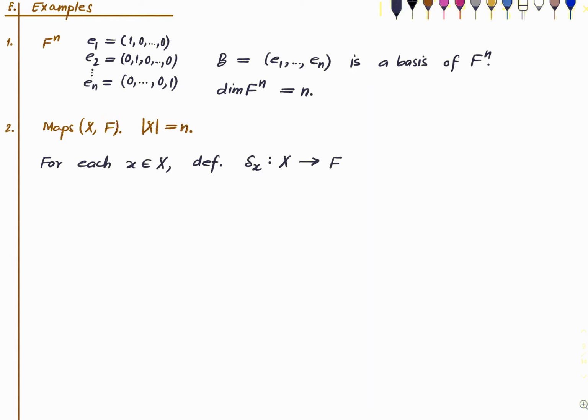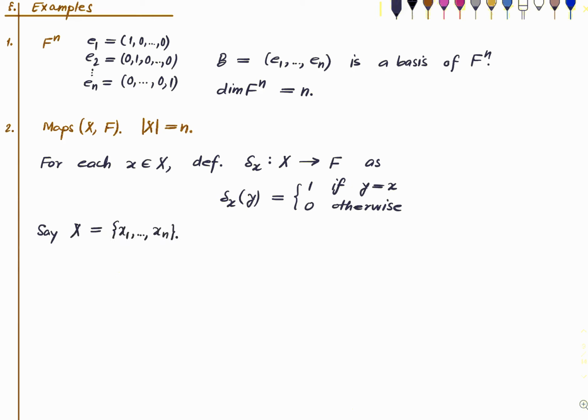So delta_x is a function from X to F defined as delta_x of y is 1 if y is equal to x, 0 otherwise. Okay, that is delta_x. And say X is this set of n elements.